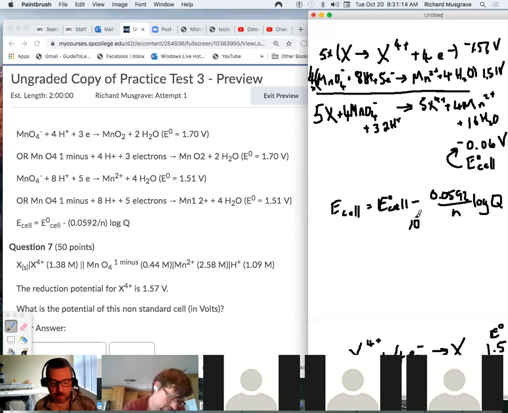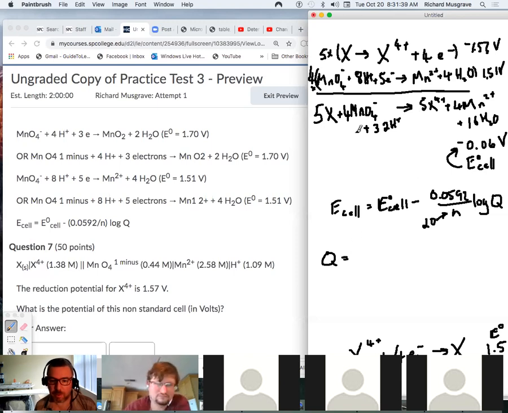N is, oops, n is not 10. N is 20. And how do I get that? It's 5 times 4 is 20, 4 times 5 is 20. So it's whatever we had to make the electrons so that they evened out. So n is 20.